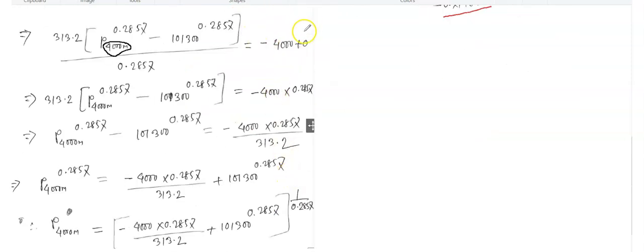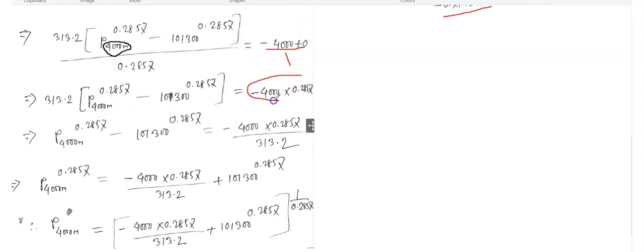So if we substitute all these values, we will get this term. This is here just as it is, and from this term to this term, we multiply this 4000 into this value, because this is by 1, so we can simply do the cross multiplication.